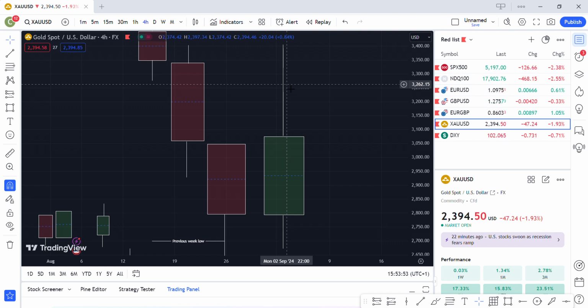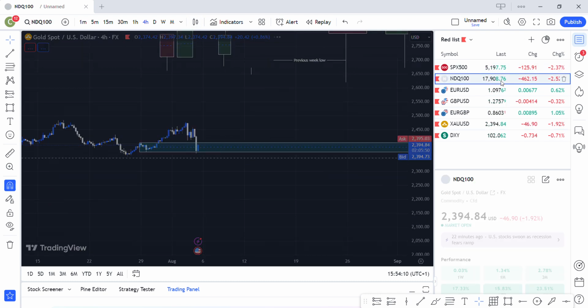You don't want indecision in price. You want clear action. And that'll be a trend for whatever you trade, however you trade. You want momentum. You don't want indecision and swings and just rubbish.